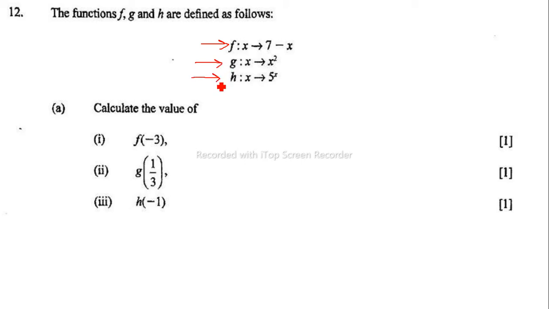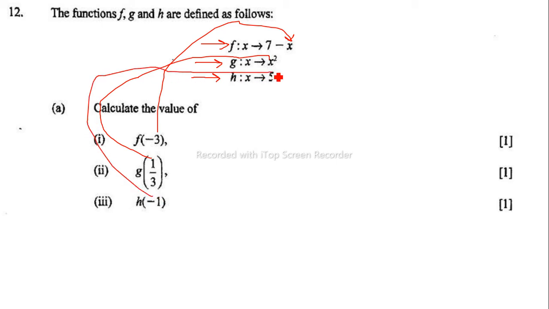We basically take -3 and plug it in where we see x here. We take a third and plug it in where we see x. We take -1 and plug it in where we see x. That's basically the idea. So f of -3 is going to be equal to 7.